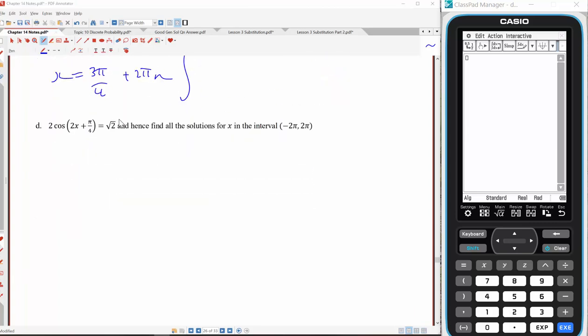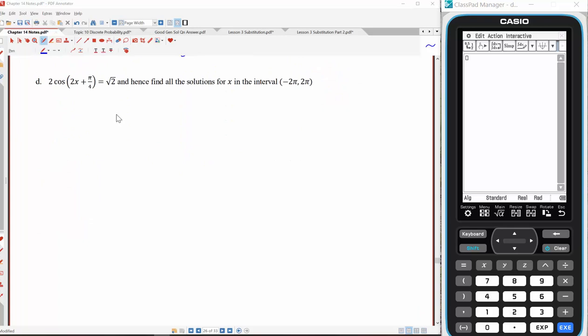All right, this last problem is as hard as it gets. Find this and hence find all the solutions for x in the interval. So they want us to solve this, which means find a general solution, and then using the general solution, we're going to find all the solutions between negative 2 pi and 2 pi. Let's find our general solution first of all.